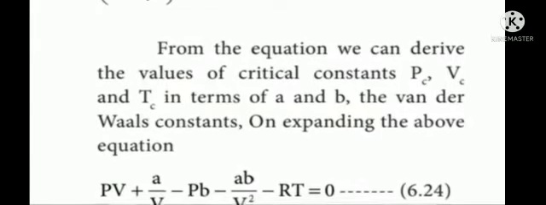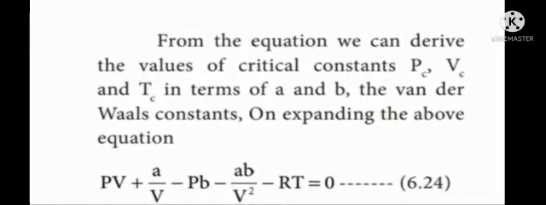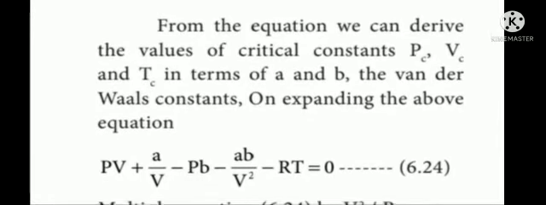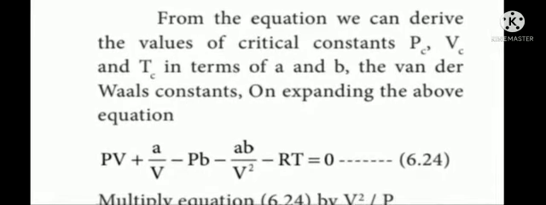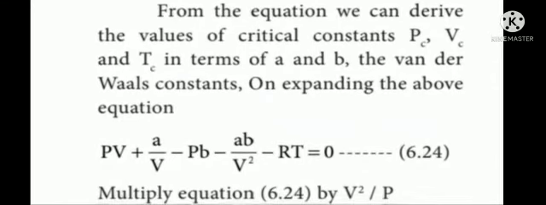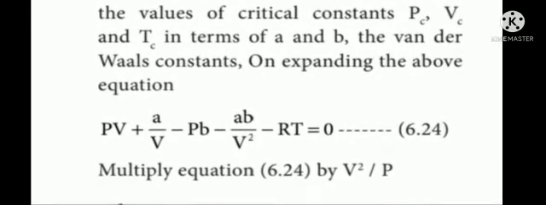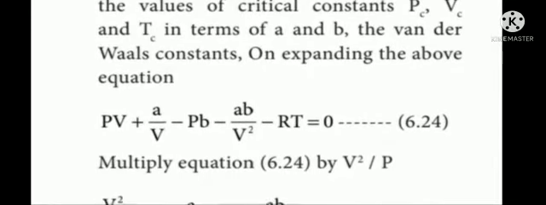It is given in equation 6.24. In equation 6.23, you have to multiply (P + a/V²) and (V - b) and bring the RT term to the left side. Finally, we will get equation 6.24.